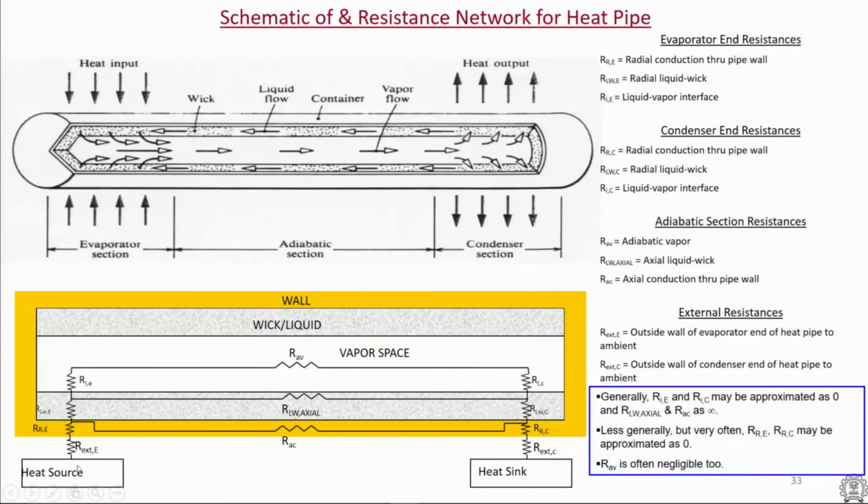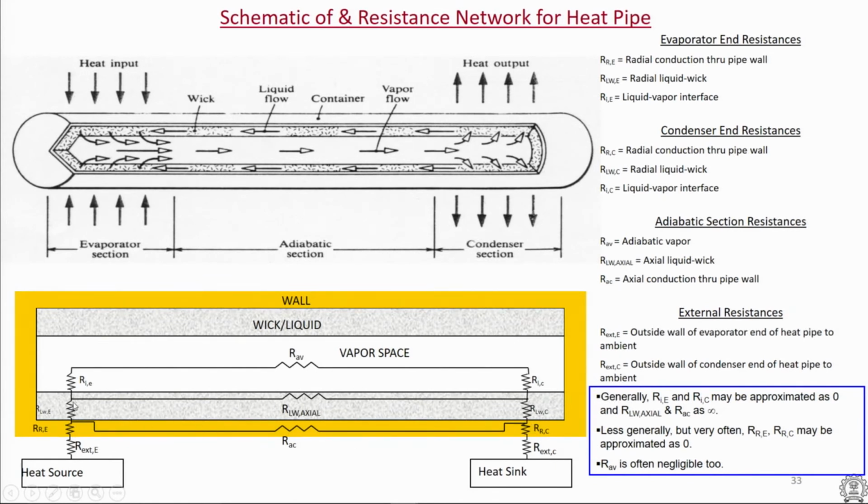And this is an example of what a resistance network looks like for a heat pipe. If you have a heat source, there is a contact resistance of the heat source with the heat pipe. So, there is an external resistance, then there is conduction in the wall of the heat pipe, and partially there is a parallel conduction through the wall all the way to the condenser.